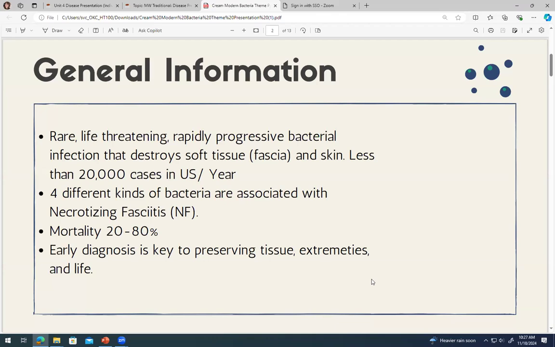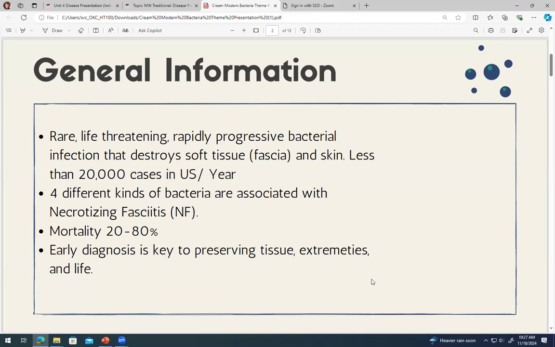The mortality rate is anywhere from 20 to 80%, and all that depends on your health beforehand. It could be not a big deal if you're somebody 20 years old, perfectly healthy, no issues. But if you're 85 years old and you have a lot of pre-existing conditions, a lot of immune suppressant issues, you are going to be more towards that 80% side of it.